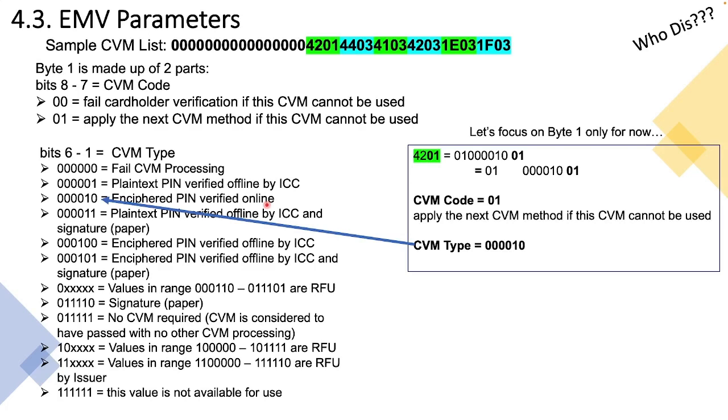So it says online. So enciphered PIN means that the PIN won't be verified by the card. The PIN rather will be enciphered. It'll be encrypted. It'll be stuck into the transaction message, field 52, and it'll be sent online. And some backend issuer host will actually verify it, not the card. Okay.